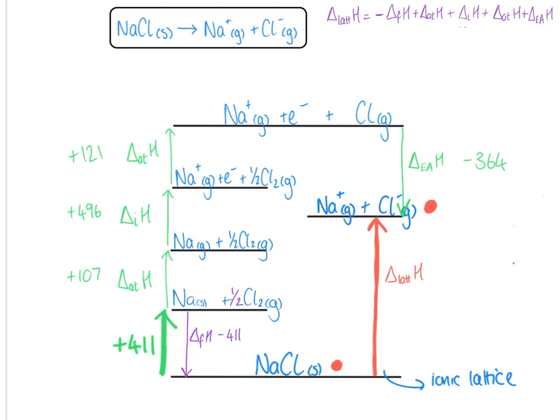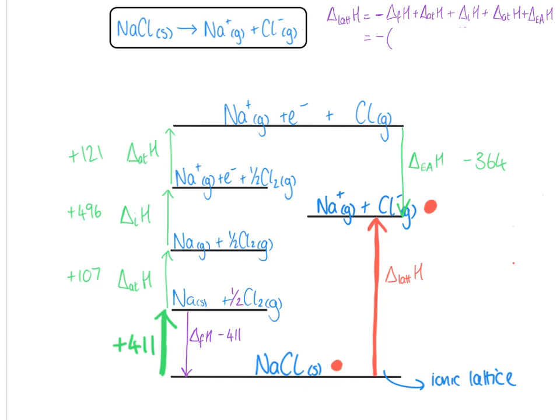So if we are going with the arrow, it's adding on that enthalpy change. If we go against the arrow, it's taking away that enthalpy change, as we can see with the enthalpy of formation. So, as we've already said, we need to take the negative of our enthalpy of formation.